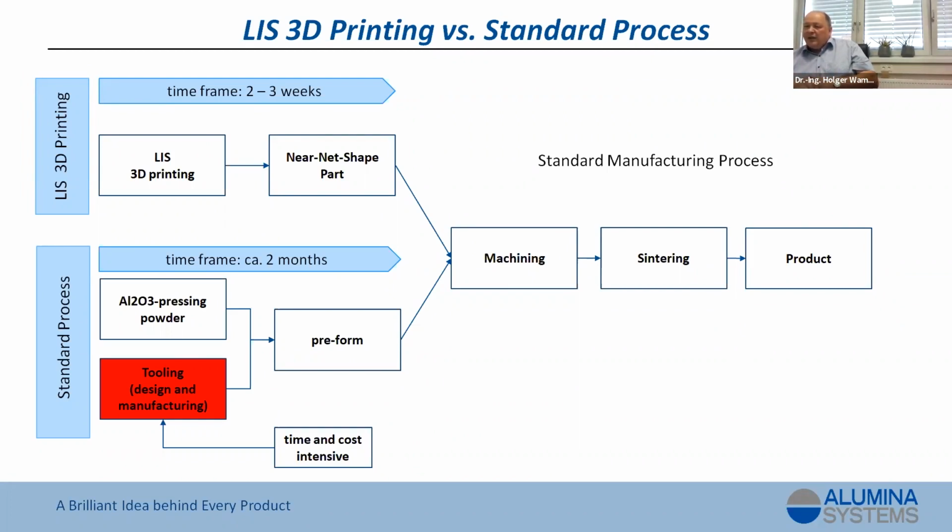And this brings you at least 4 to 6 weeks of advantage, and the customer does not have to pay for any tooling. And this is all just referred to the construction size of the printer. The bigger the printer is, the bigger parts you can make.